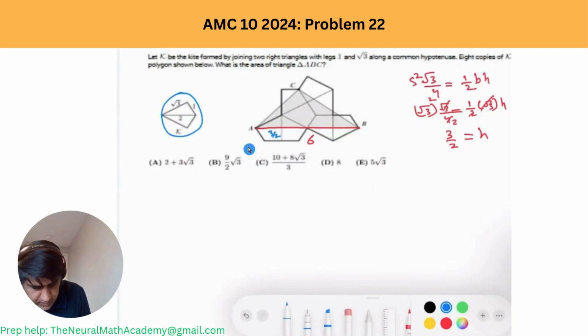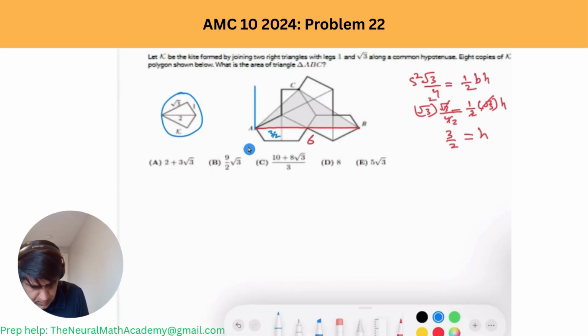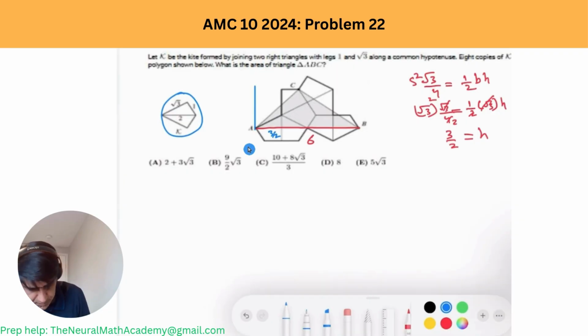To find the height, we can simply make use of this diagonal, and then we can find this height. Okay, let's call it H, and this point we have is C.